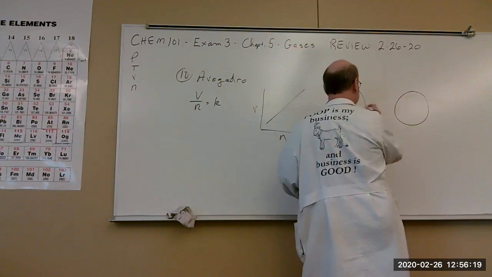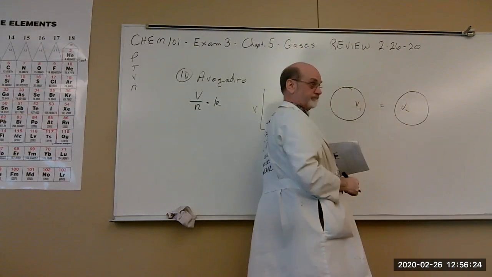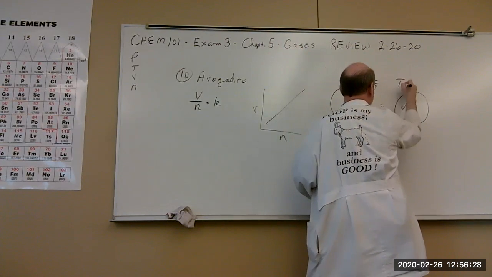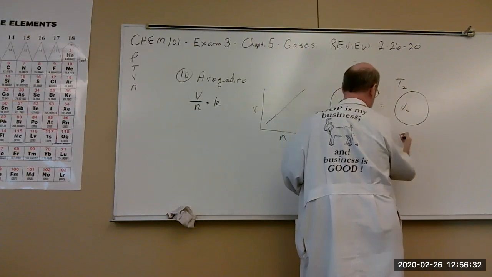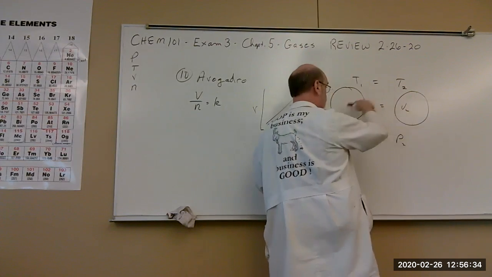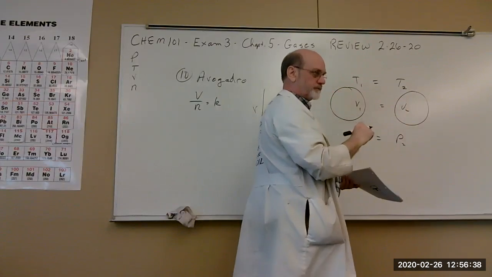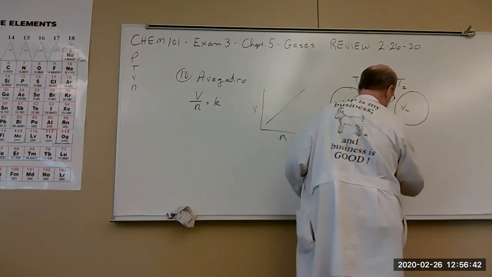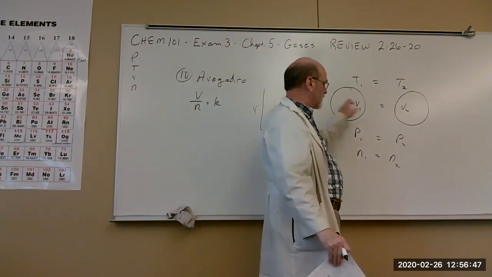If you have two volumes, and this volume and that volume are equal, and the temperatures are equal, and pressures are equal, and this is where the gas is, temperature, pressure, volume, all equal, Avogadro says moles are equal. Exactly the same number of particles in this one as that one.